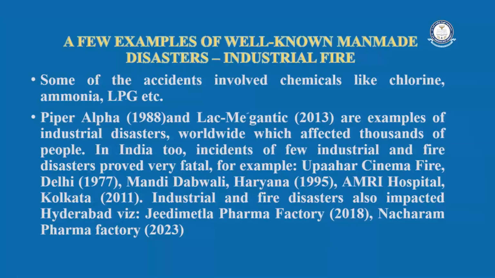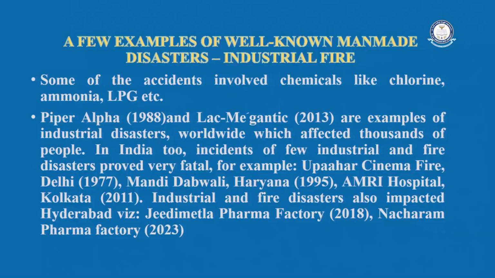For example, you can see the Piper Alpha industrial fire which took place in the year 1988 worldwide and affected thousands of people. If you look at India, you can see a few industrial and fire disasters proved very fatal.